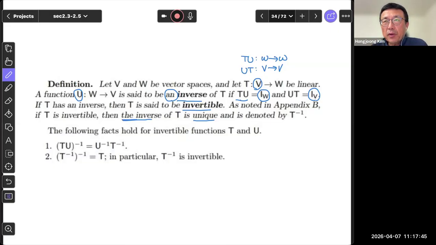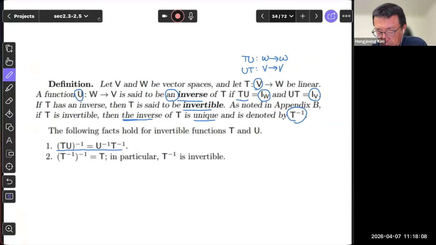And that inverse matrix is denoted by this. So we have the following. This is simple, right? Why is it so?